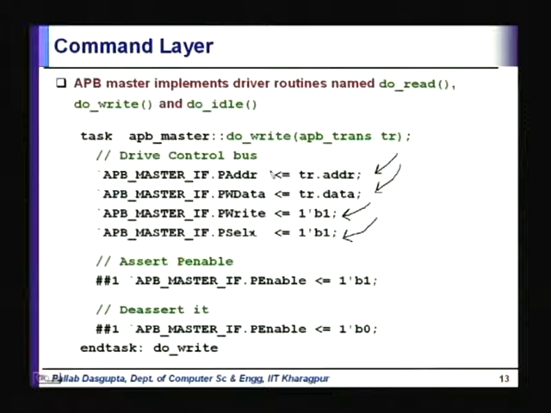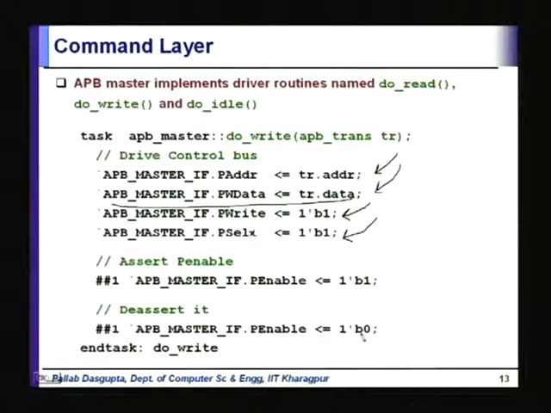Do read is going to float the address. This line will not be there, because the data is going to come from the slave. PWRITE will be lowered, so it will be 1'b0, and then PENABLE is going to be high, and then it will wait for one cycle, then do this, and also in this cycle it will read the data from PRDATA, right, okay, and then it is going to deassert it in the next cycle.